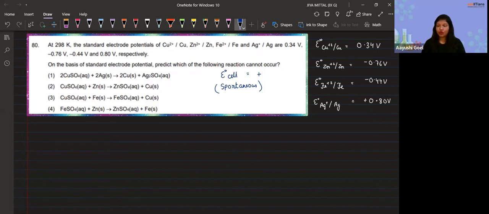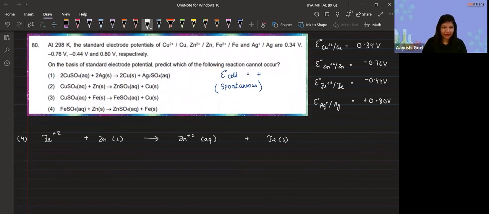Now let me show you for the fourth one. In the fourth case, iron in plus 2 oxidation state is reacting with zinc to produce zinc in plus 2 oxidation state along with solid iron.